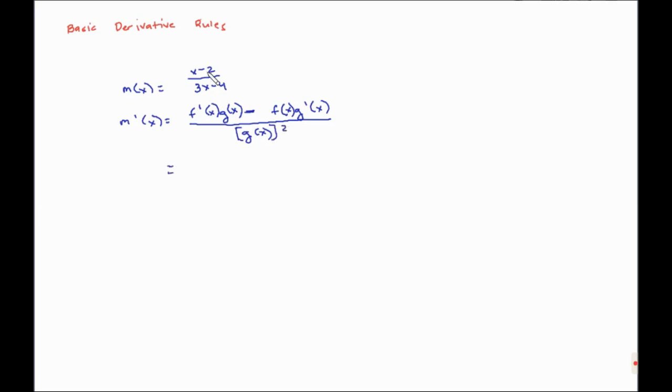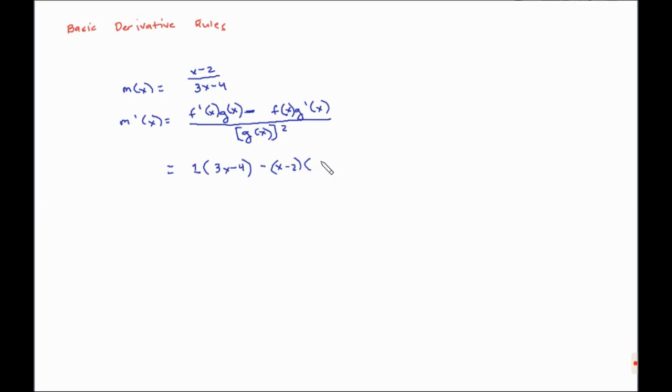Tsaka tips. So, f prime of x, the first derivative of the first function, is just 1. Kasi meron tayo ditong identity function x, which has the derivative of 1, and the constant function 2, which has the derivative of 0. Multiply natin siya sa second function, 3x minus 4. Minus, we have x minus 2 multiplied by the derivative of the second function, 3x minus 4.